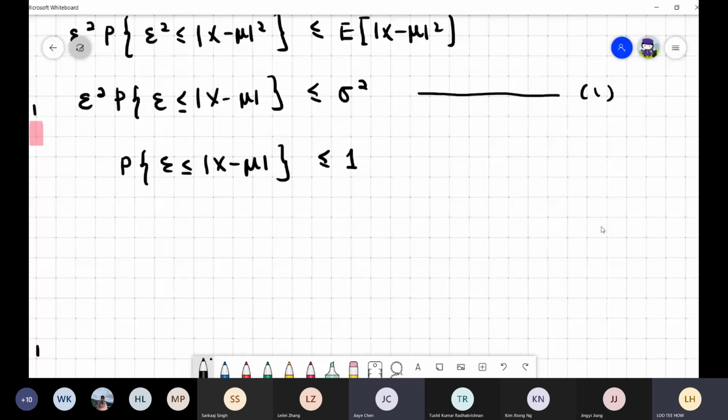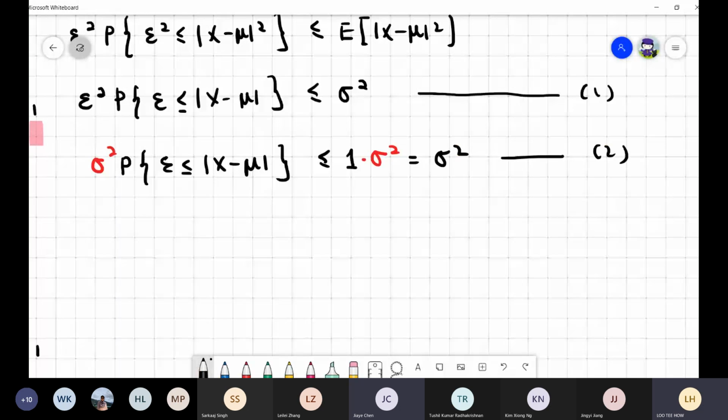I think this is quite clear. The next thing, because this variance is always a positive number, we can multiply both sides. So then this thing will be just equals to our epsilon squared. So this is inequality 2.